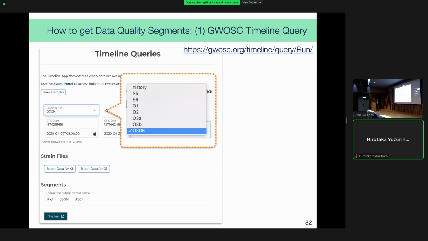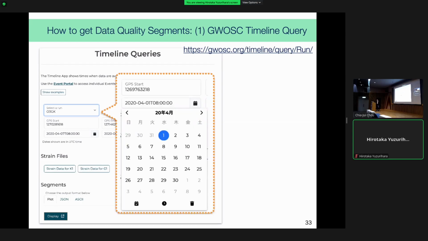Here you can select a run: S5, S6, O1, O2, O3, and O3GK. Please select the one you are interested in. Next you select the time, and you can directly input a GPS time, or you can select from a calendar.